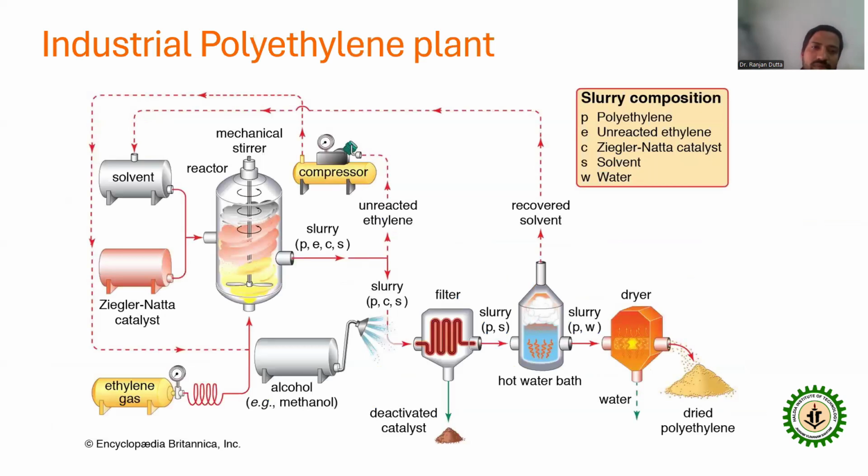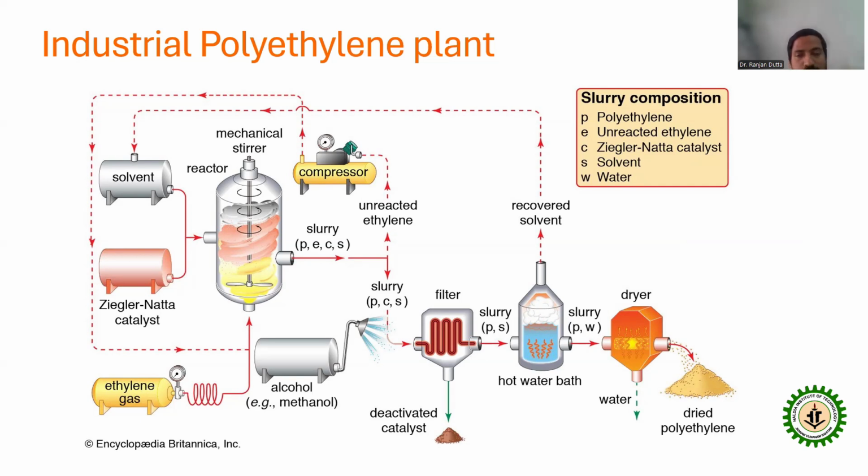For the industrial preparation of polyethylene, this diagram is shown here. As you can see, in the beginning, ethylene is inserted inside the chamber under pressure, where it polymerizes under the influence of Ziegler-Natta catalyst.